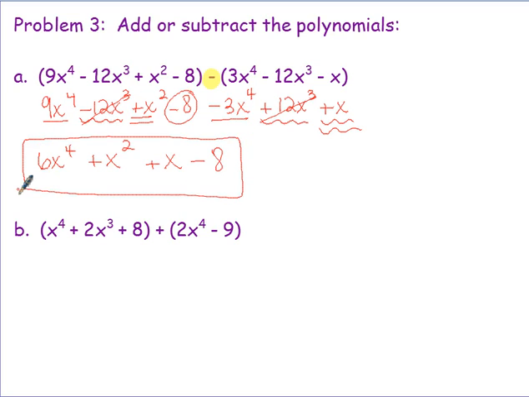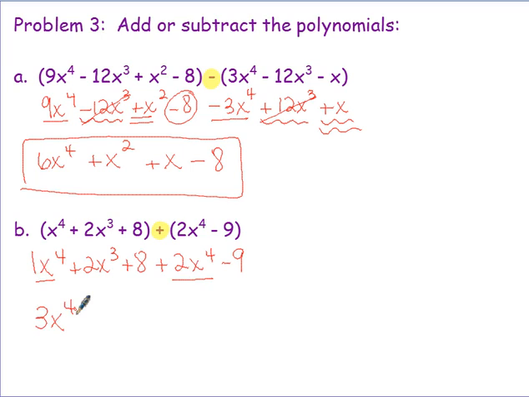And let's look at this last example. This one was addition. So just drop the parentheses, x to the fourth, recopy that one, and recopy this one, and start combining like terms. The highest ones are x to the fourth. So 1 plus 2 makes 3x to the fourth.